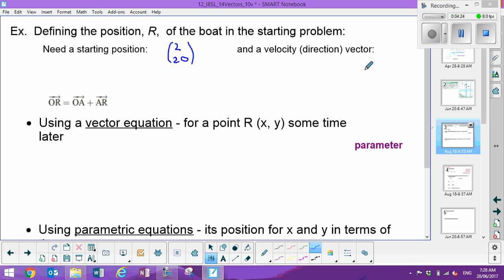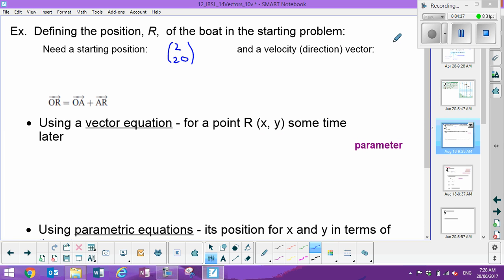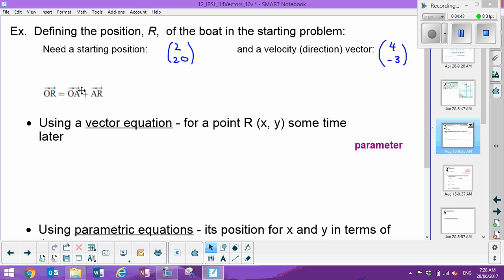Our direction vector was, as we saw, each time we went 4 in the positive direction of the X and -3 in the Y. So our direction vector was 4, -3. Now we can write our vector equation to find any point OR.